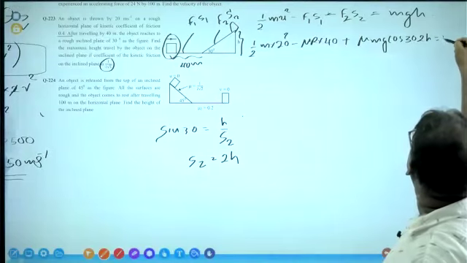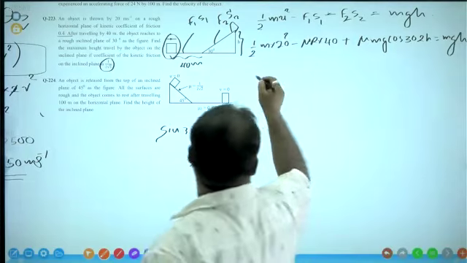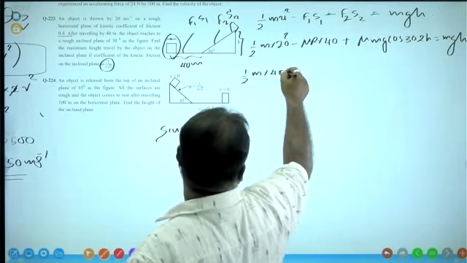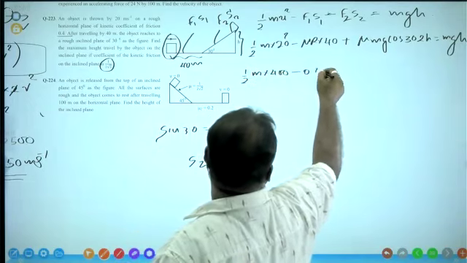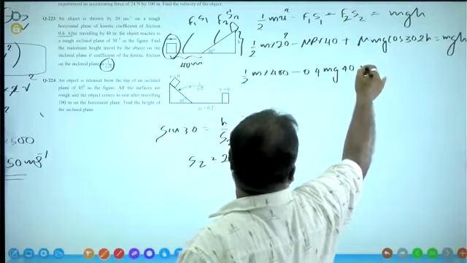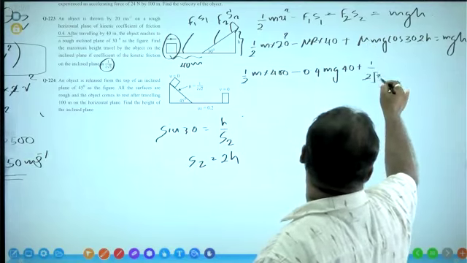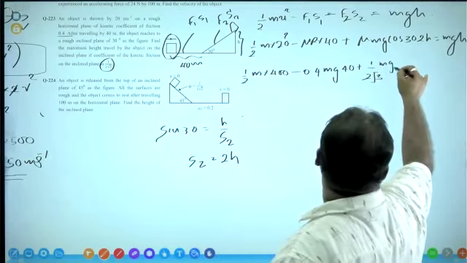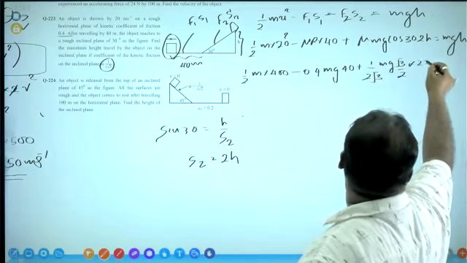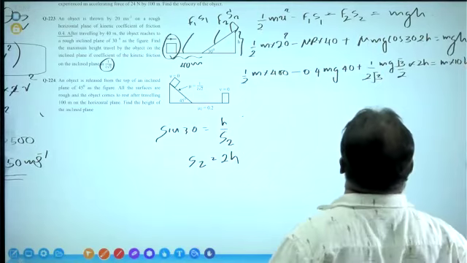It's 2h, equal to mgh. Done. Simplification: half into mass m, 400, minus mu 0.4 R is mg into 40, plus mu, 1/2 root of 3 mg cos 30, root 3/2, into 2h equals mg 10 h, no? Yes.